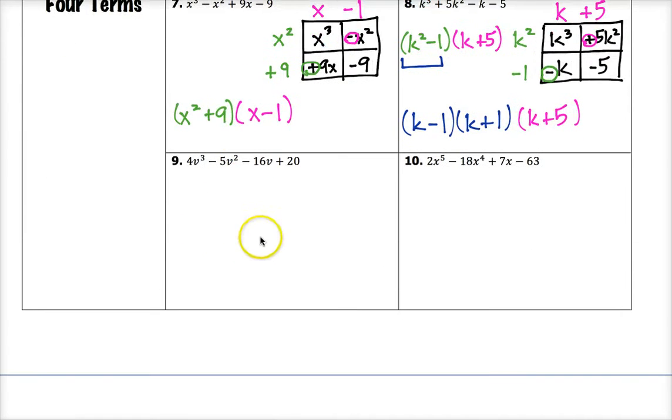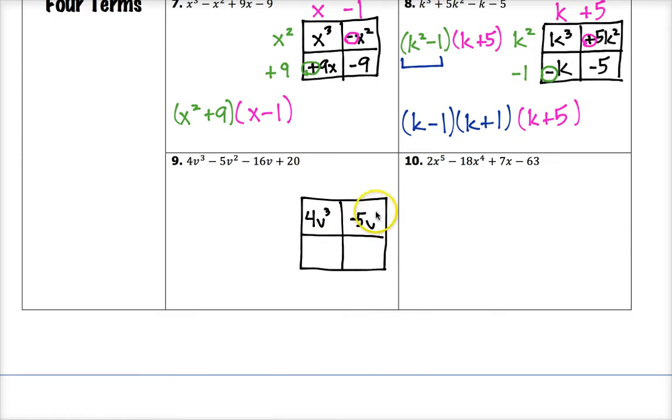Okay, number 9. Check for a GCF first. We don't have one for number 9, so we'll go ahead and set up our box method for this one. 4v cubed minus 5v squared minus 16v plus 20.